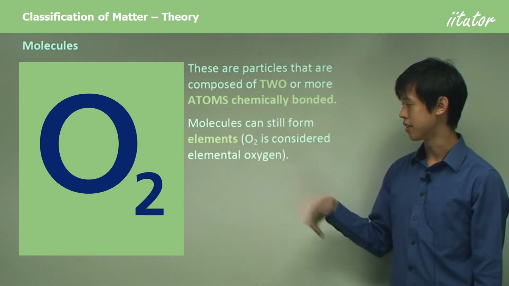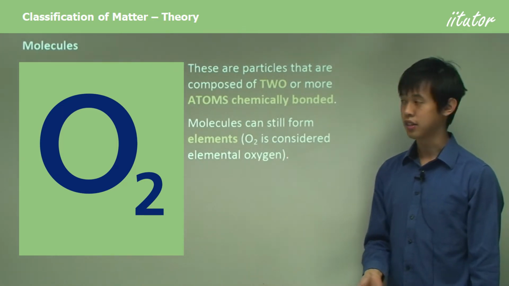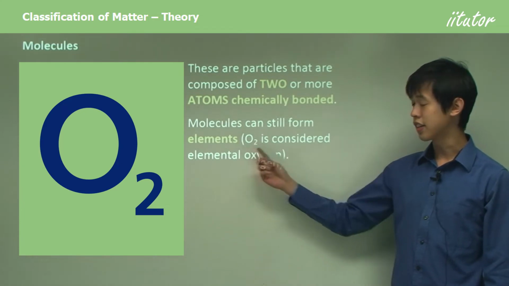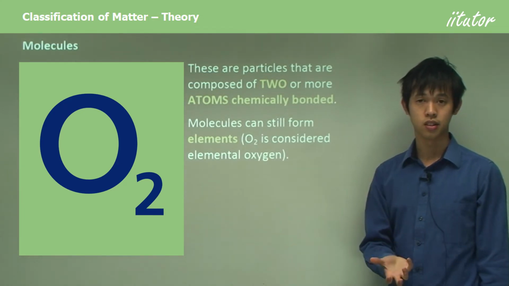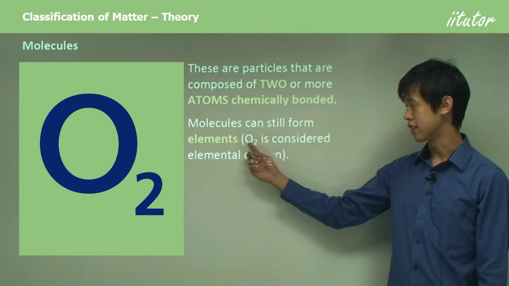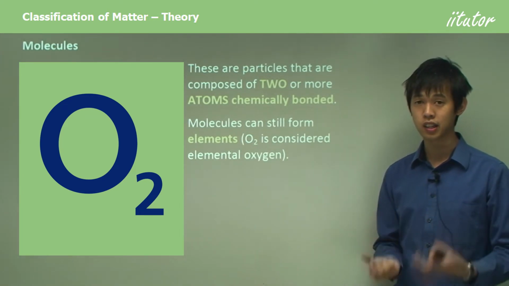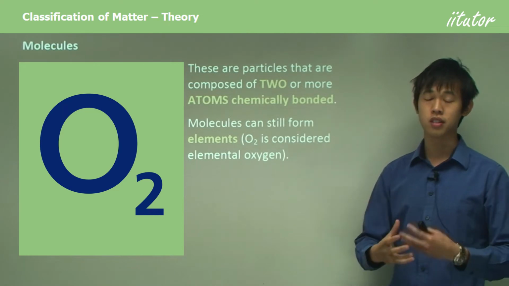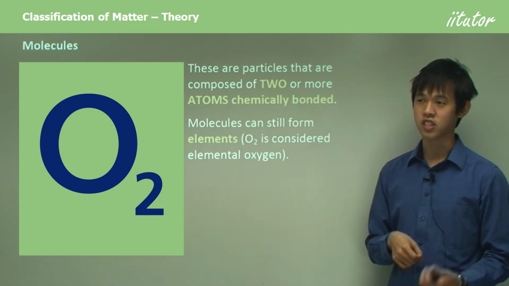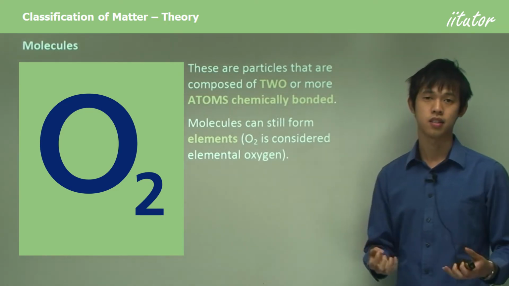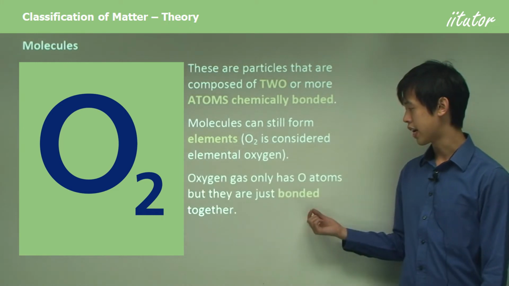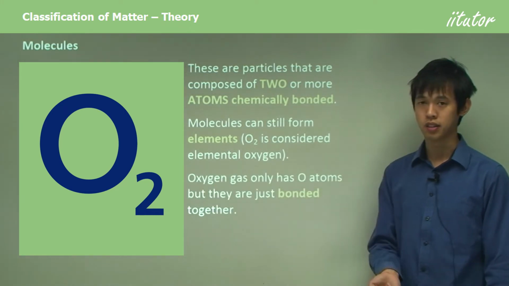So O2 is considered elemental oxygen, because you can see that the oxygen gas only contains oxygen, but they just happen to be bonded together. That means it's still an element because it's still only composed of oxygen atoms, but it's just a type of oxygen gas that we see. So oxygen gas only has O atoms, they're just bonded together.